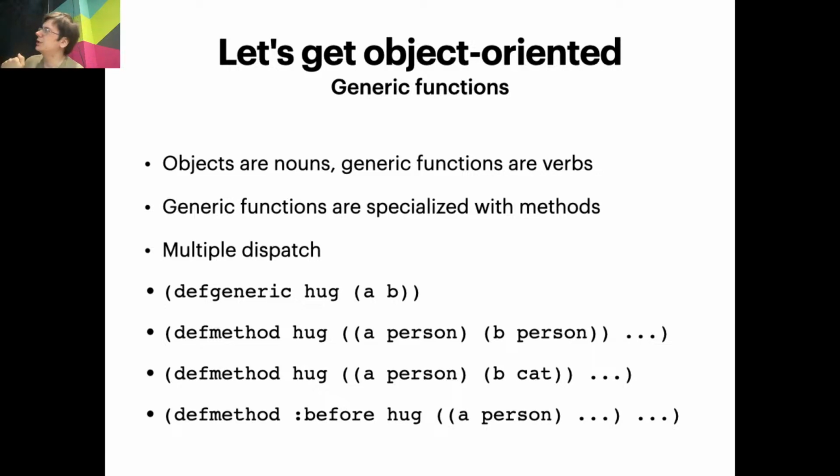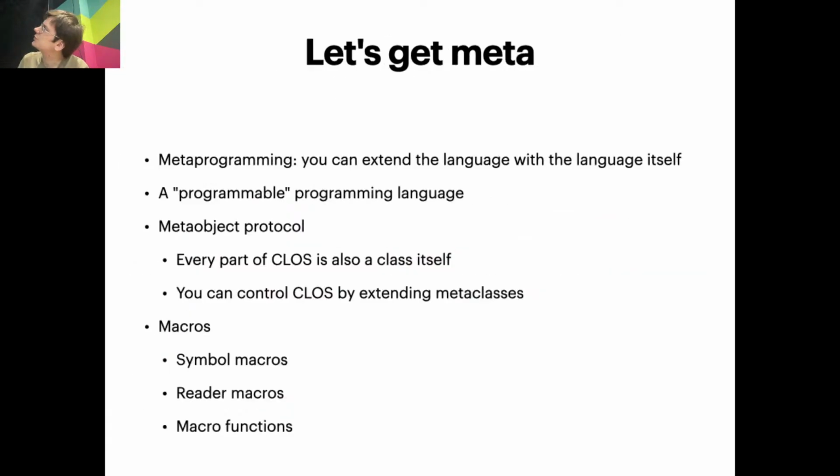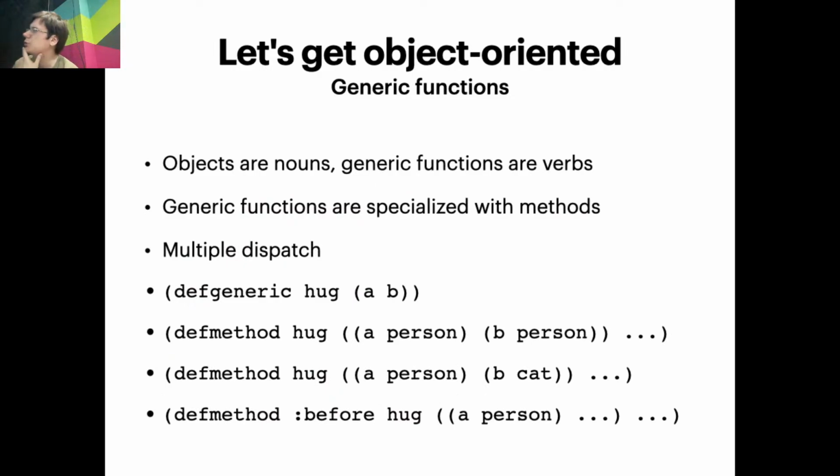So we call it with object dot method, and it's dispatched on this single object. Every method in Java is always tied to some class.